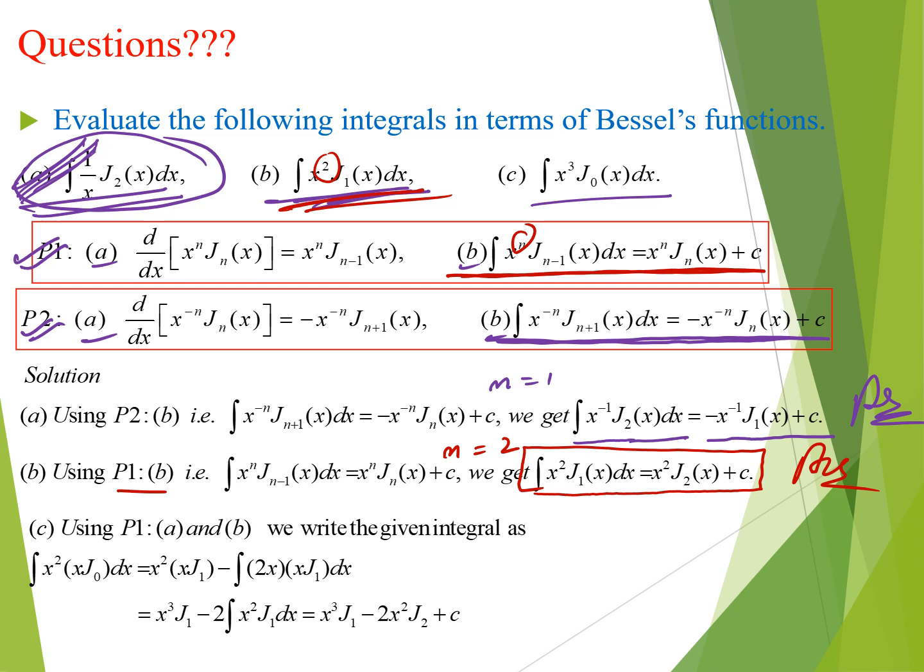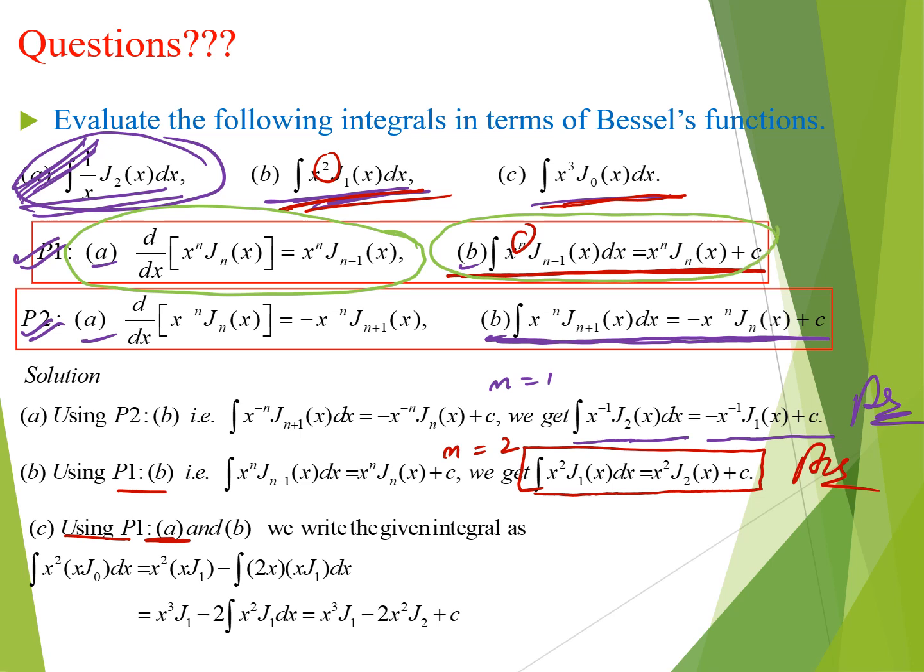Now for the third solution, that is integration x cube J0 dx, we use P1a and P1b.